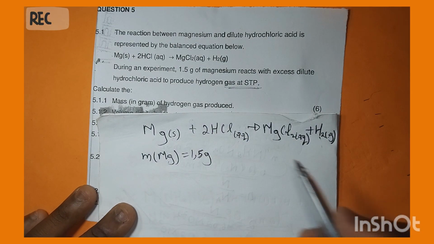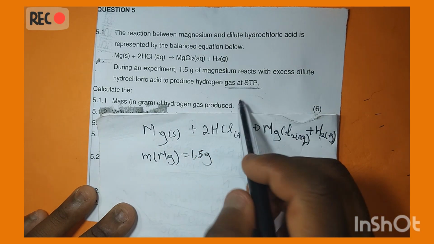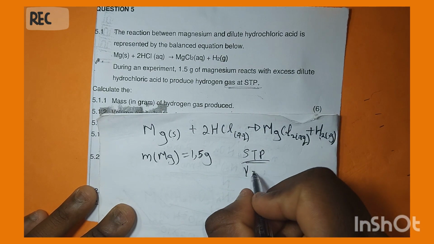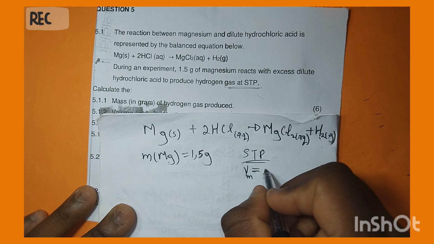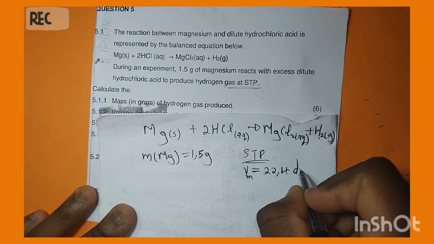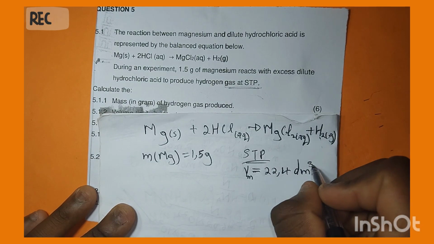And now they told you that this happened at STP, meaning that we know the molar volume there, which is 22.4 dm³.